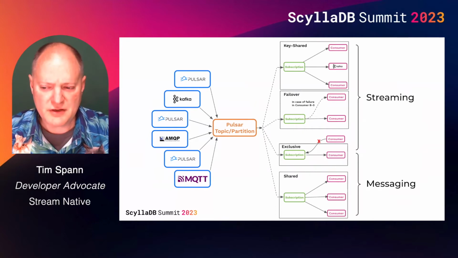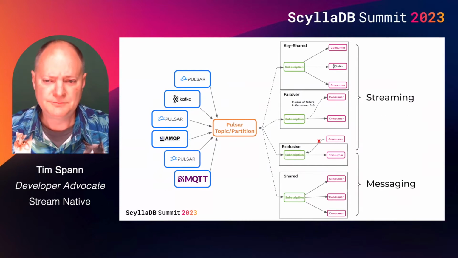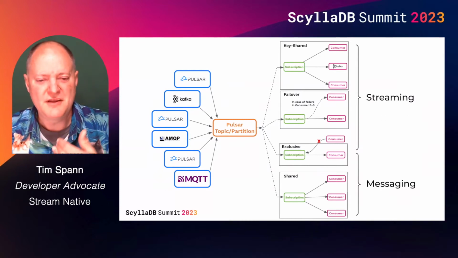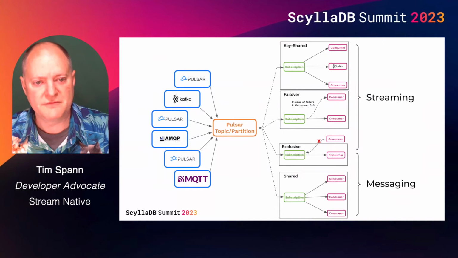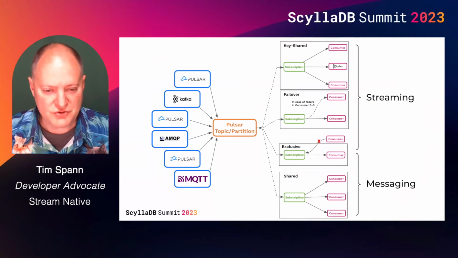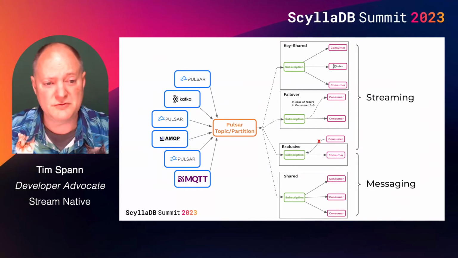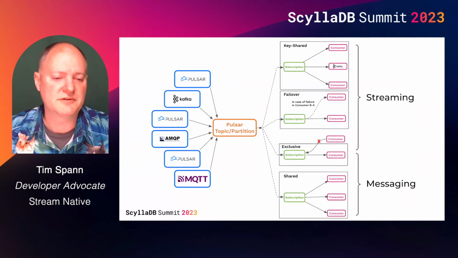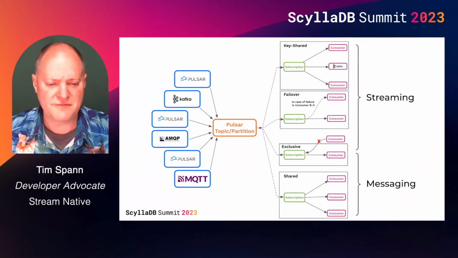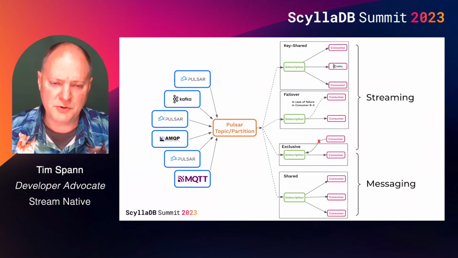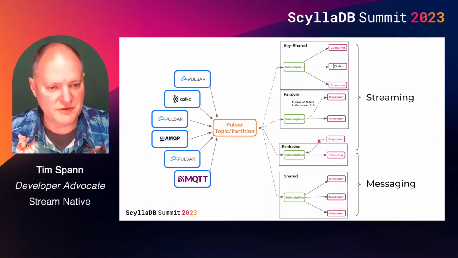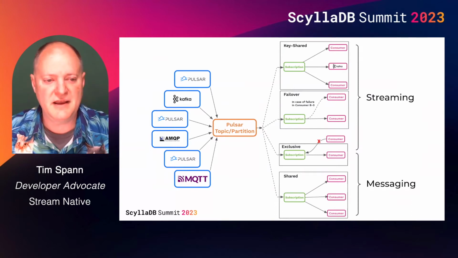One of the critical features that makes it that central messaging hub is you don't have to get stuck with one way of working with your data. We let you get your data into and out of Pulsar via a lot of different protocols and mechanisms. You could use the Pulsar protocol, which makes sense if you're building new apps, but you may have Kafka apps.